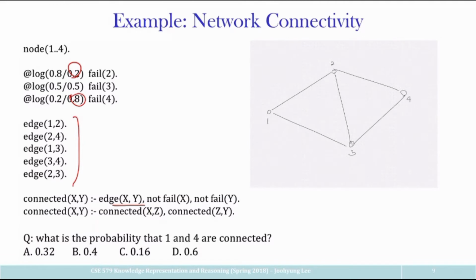Now the real question: what is the probability that 1 and 4 are connected? And that is something that we want to do with Socrative. So this time I actually gave a multi-choice question.